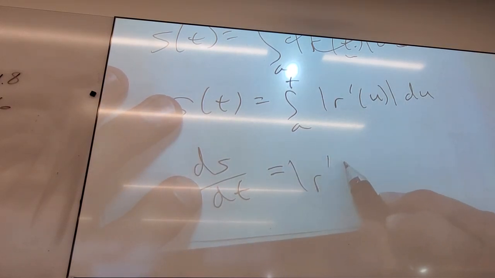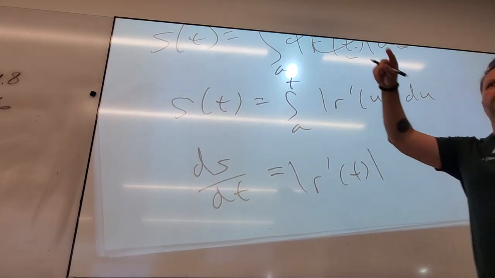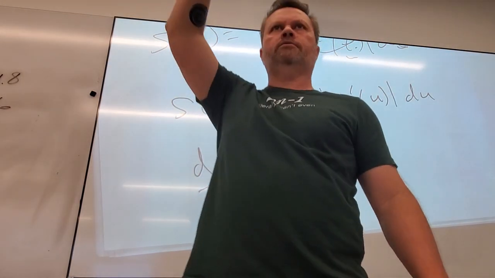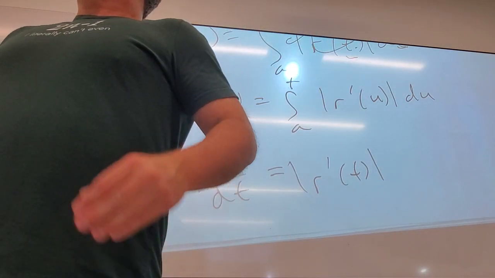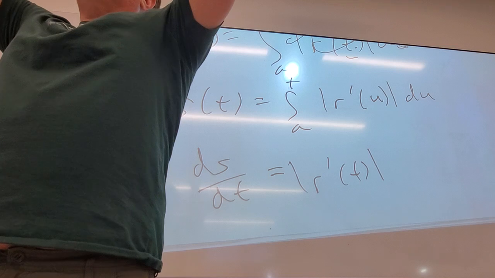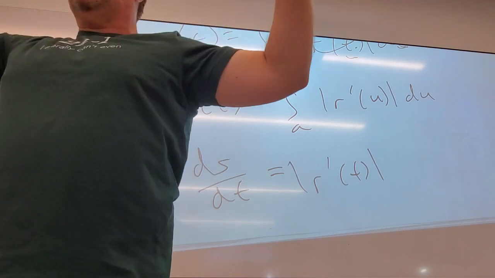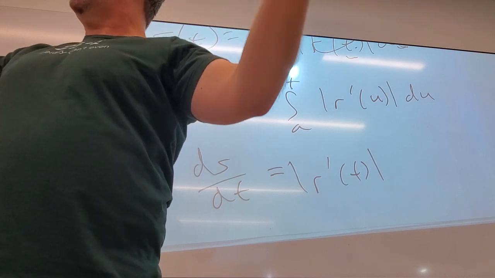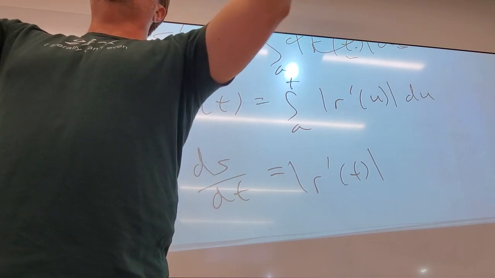Yes, the length of r prime evaluated at t. FTC 1 is the relationship between an integral and its derivative, how to take the derivative of an integral. The minute we find out that the derivative of the integral is just the function inside, that leads to FTC 2. Well, then the integral itself must be the antiderivative. We lived through that once, Jeff.